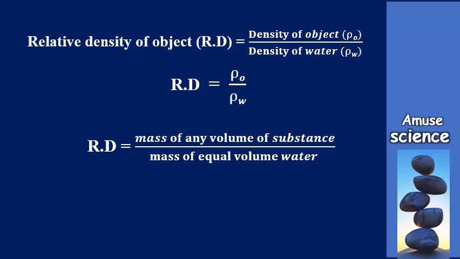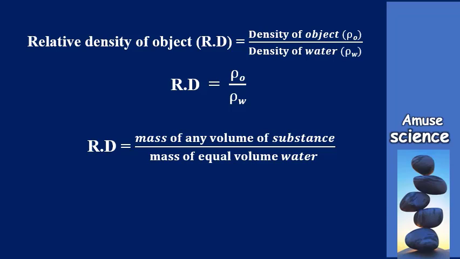So we have to be careful that the volume of the substance you are using is the same as the volume of water. That is, if the volume of the substance is 20 cubic centimeters, the volume of the water must also be 20 cubic centimeters.